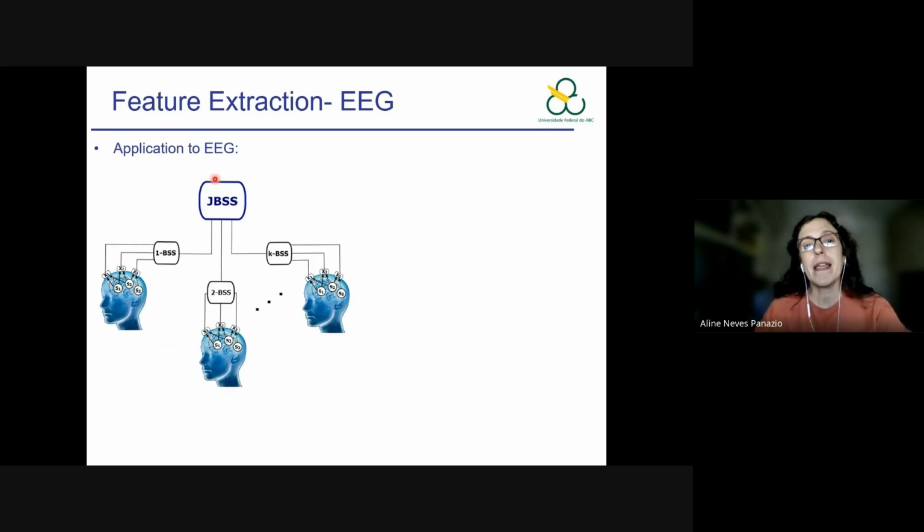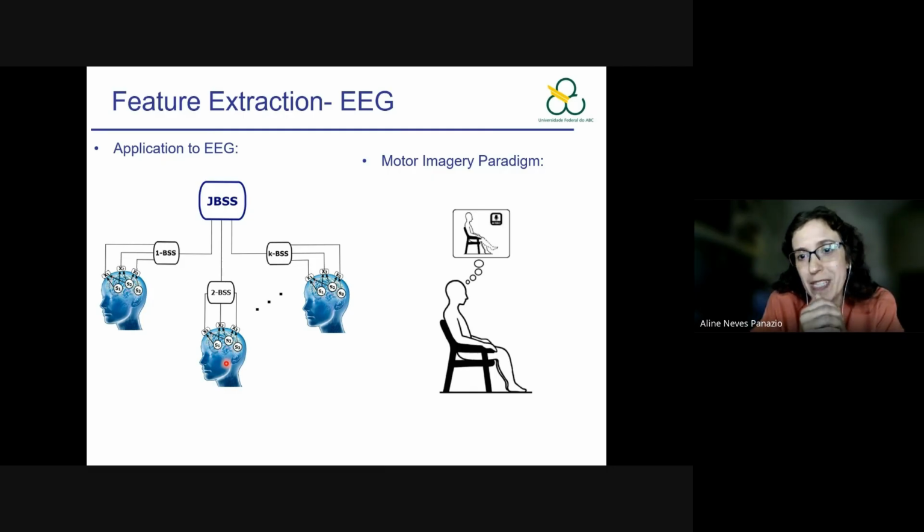And applying this context to EEG, our objective is to consider several subjects and to process the signal of all these subjects simultaneously, considering that there may be some correlation between the signals that are captured from each subject. So to do this, we need a very well-defined task, and that's why we chose motor imagery paradigm.